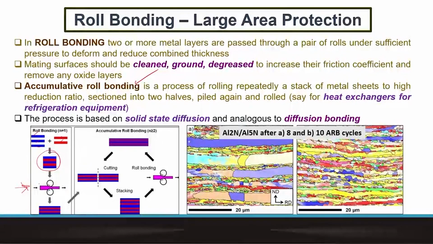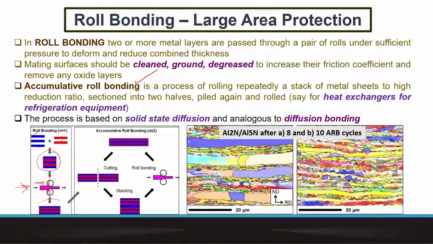When it passes through the roll, you are reducing the thickness, and there is elongation, and in the process there is a mechanically driven interdiffusion at the interfaces. So this blue and red undergo diffusional intermixing at the interface because of the compressive pressure applied by the rolls from the two sides.